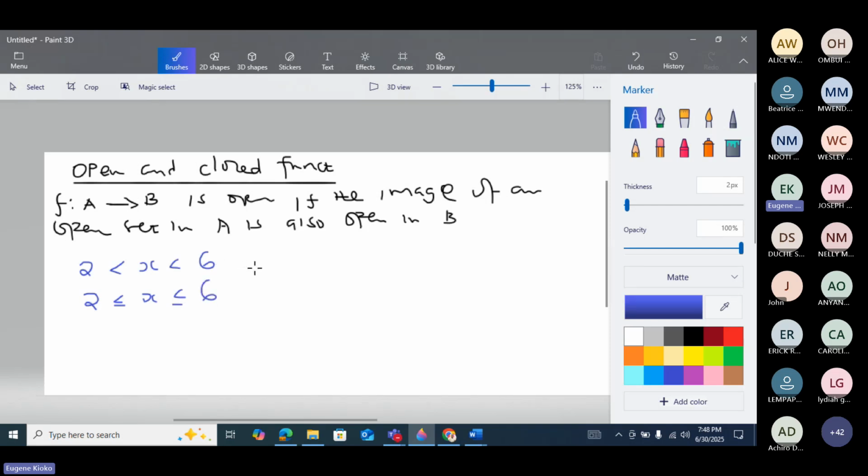If you can remember well, when you are plotting this in a number line, there is one which we put just an empty circle, while for this one, what do we put? We shade.